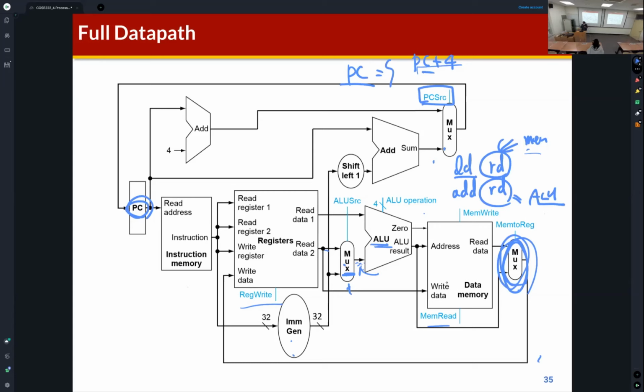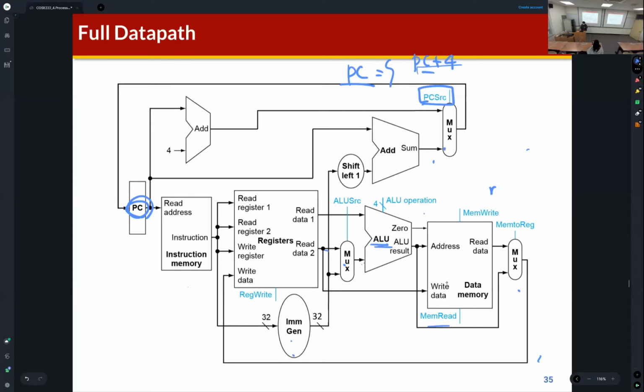To support different types of instructions, our single cycle processor includes multiplexers. A multiplexer has multiple inputs like A and B, and the output is connected to one of these inputs by a selection signal.